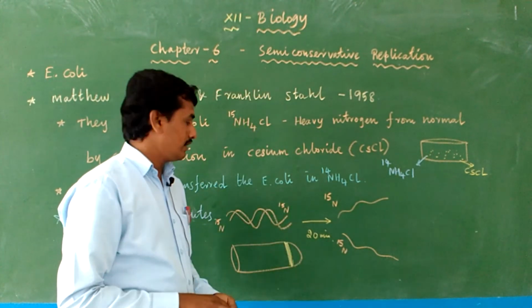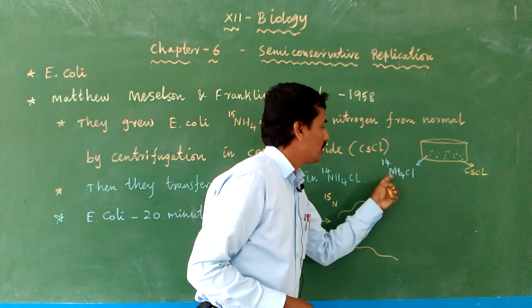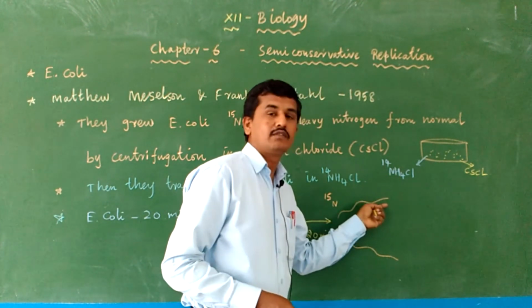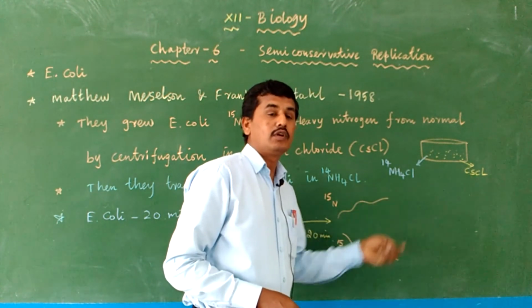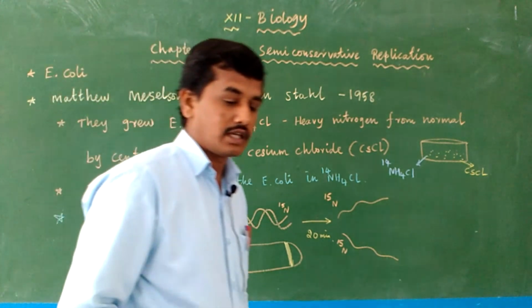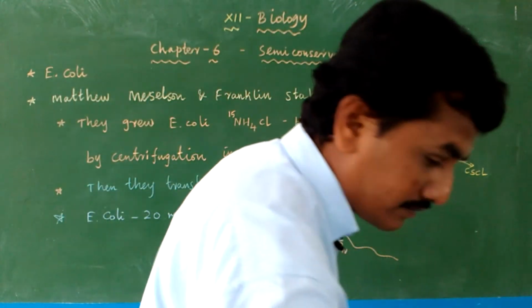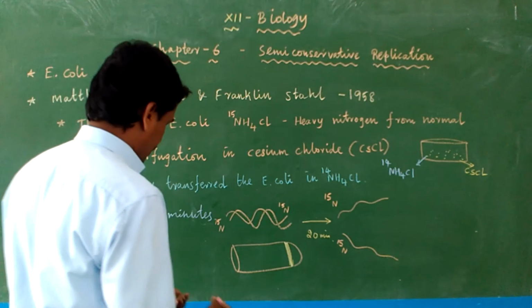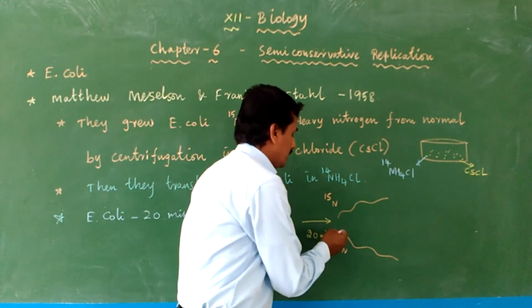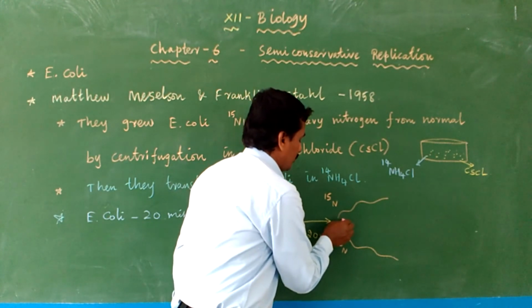The new DNA, where we add N14 ammonium chloride, contains N14. N14 we take in another color for differentiation. Okay, this is actually N14. So the new DNA is formed with the use of what?